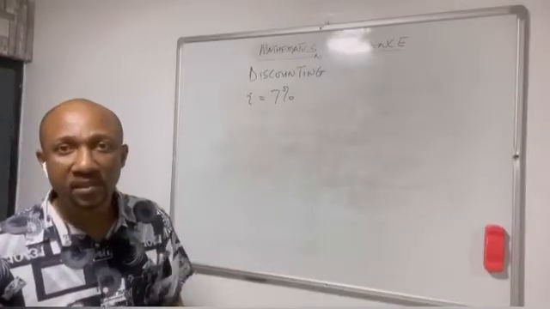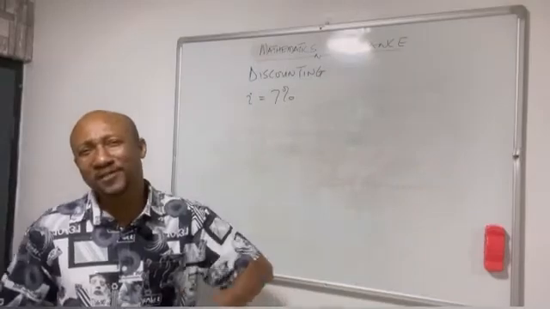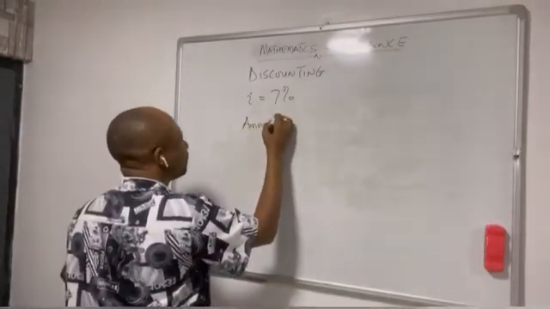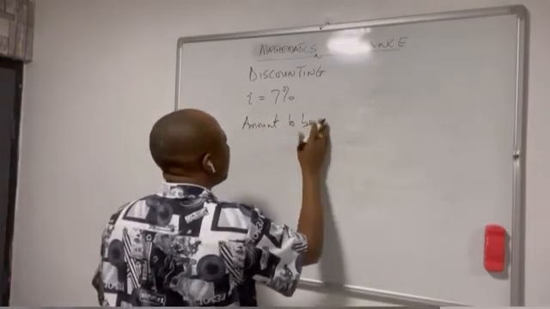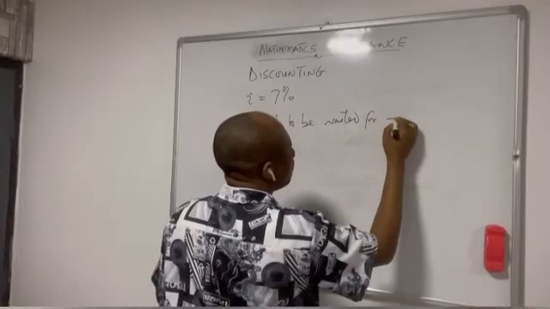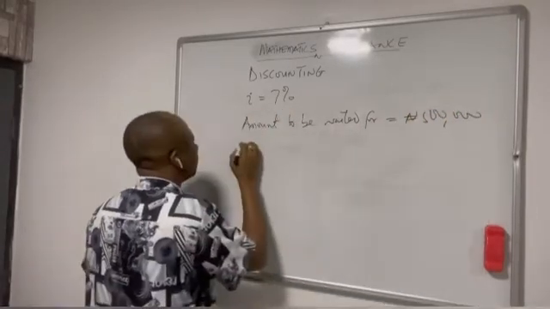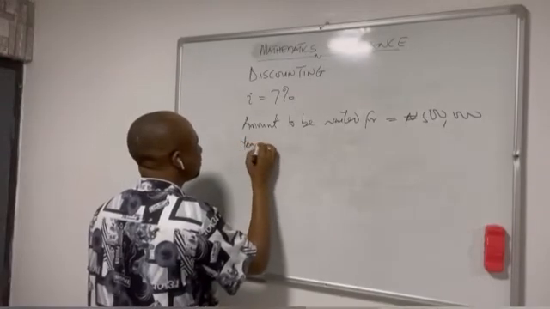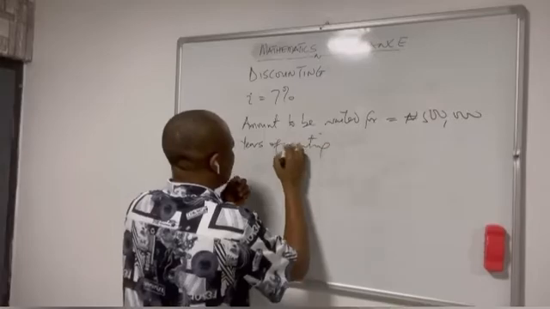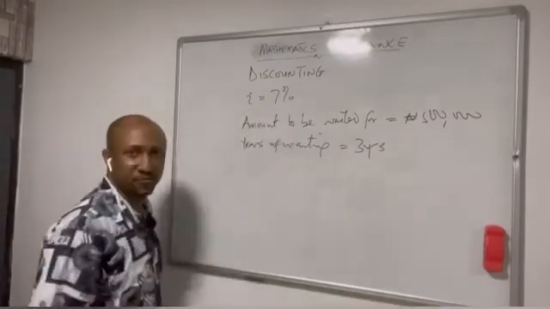So to determine the amount that you will prefer to collect immediately, the amount to be waited for equals 500,000, years of waiting equals 3 years. Interest is 7%.